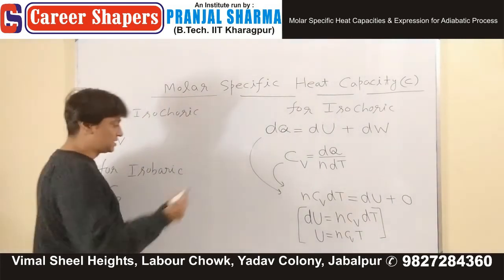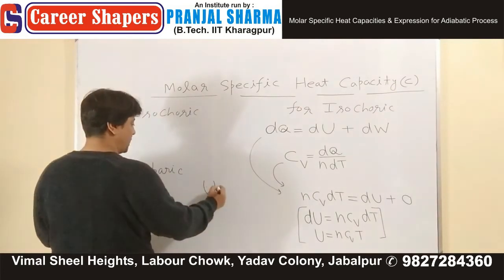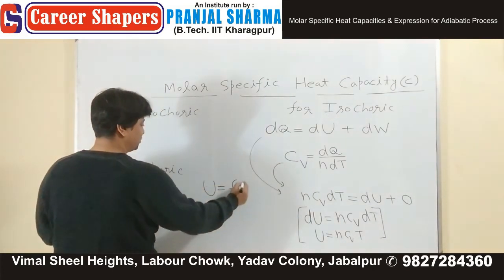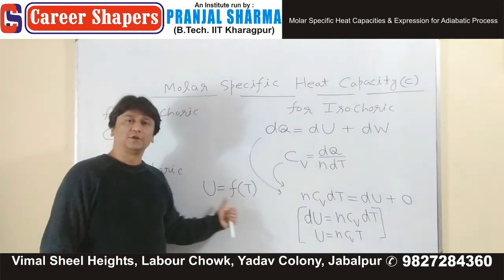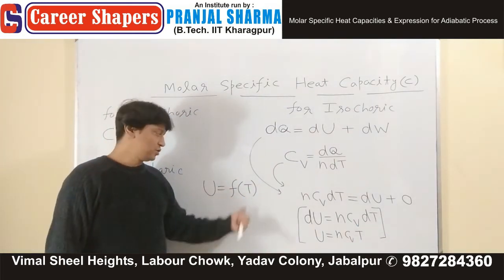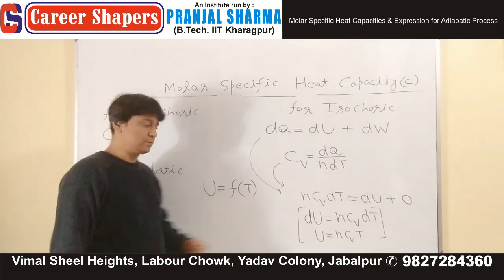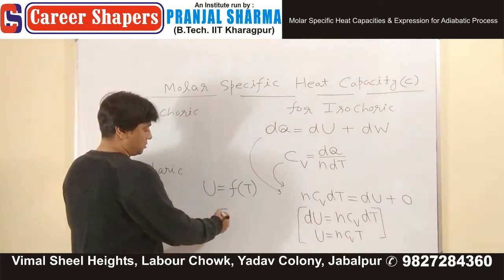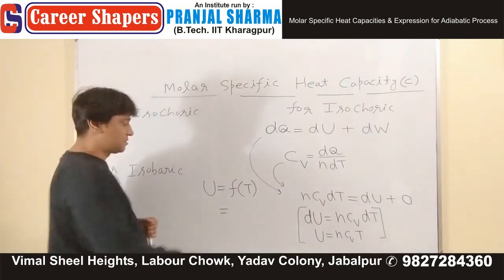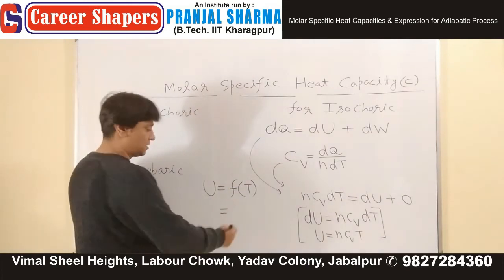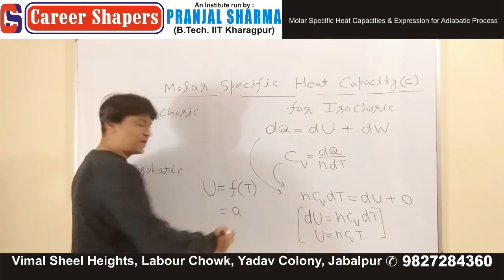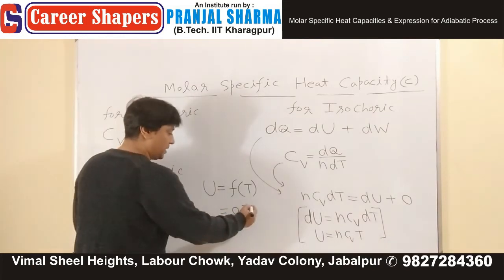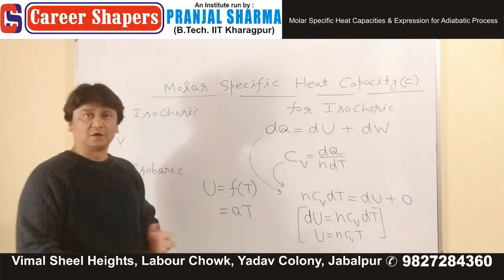What does it mean? Suppose somebody told you that U is a function of temperature. It means that U is something which depends upon what? Temperature. You thought that if it's a function of temperature, then there will be some constant. Let's say that constant is A and there will be temperature present.